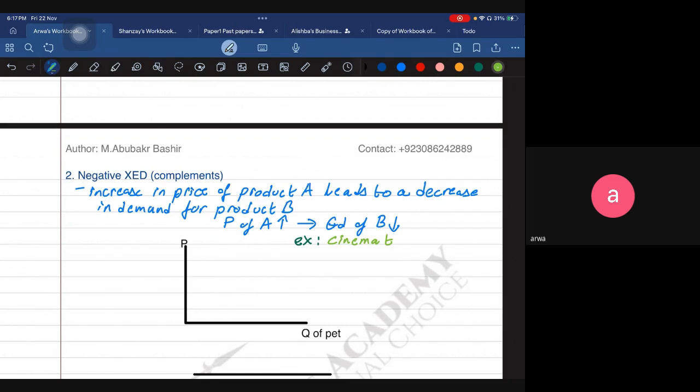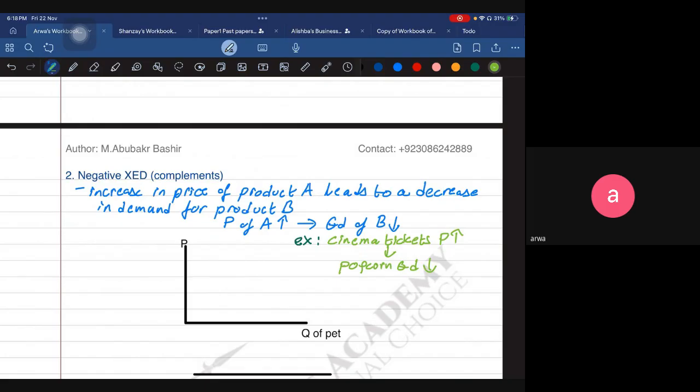So if the price of the tickets was increasing, automatically the quantity demanded of popcorn is going to decrease. So cinema ticket price going up, resulting in the quantity demanded of popcorn going down, right?